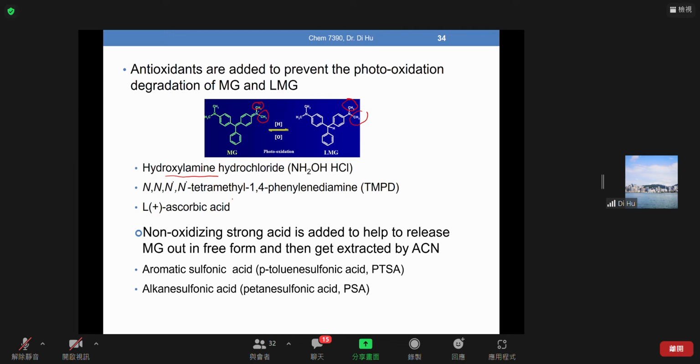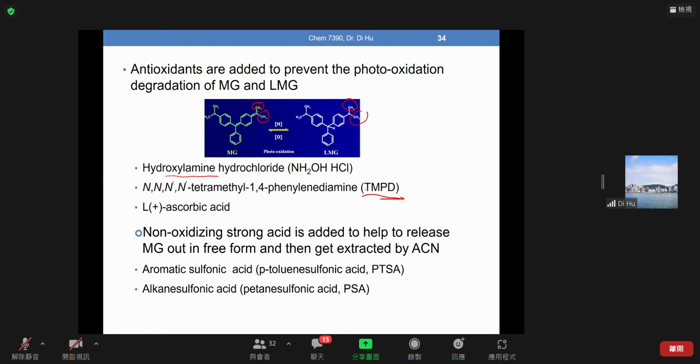It has been shown that adding TMPD or ascorbic acid to the sample can largely reduce the degradation of both melatonin green and leucomelatonin green in all kinds of tissues.